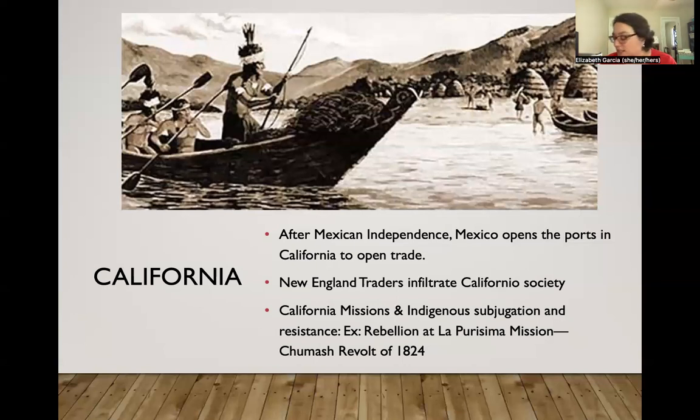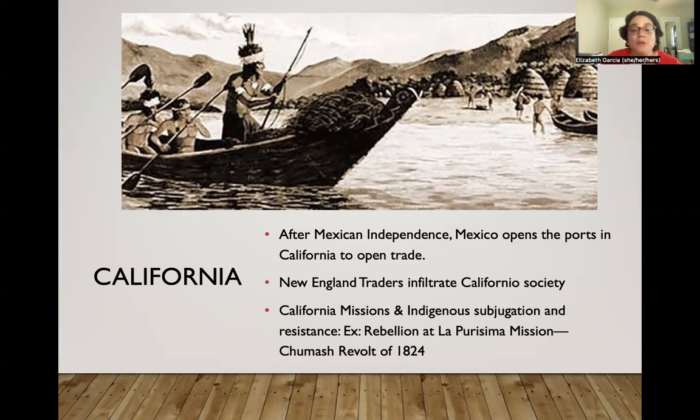The reading also discusses the prevalence of the California missions, their treatment and views of the indigenous population, ultimately believing that the indigenous population needed the Catholic Church because without the church, they would return to their so-called pagan ways. Thus, indigenous people were perceived as unprepared for citizenship.